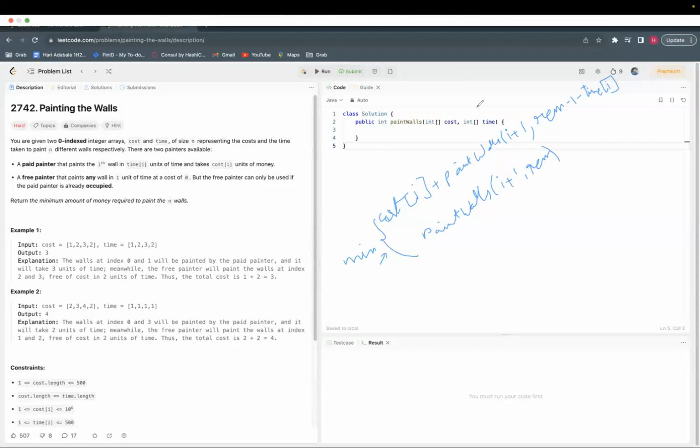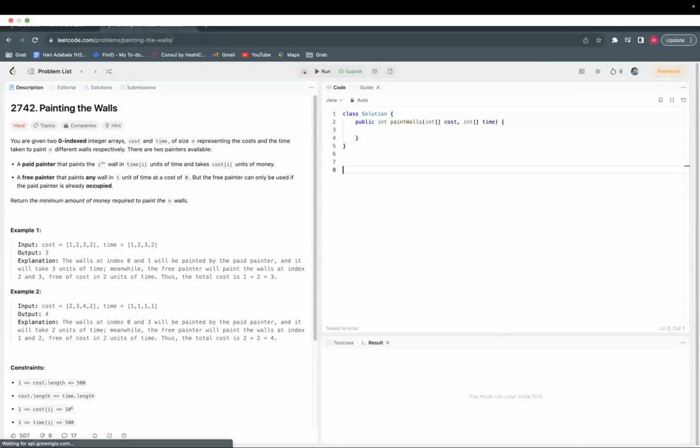So we will memoize this, because by looking at this, we are sure that there will be some repetitions. In order to not repeat the flows, we will memoize the solution that we have already calculated. That's it. So let me write the pseudocode for this.